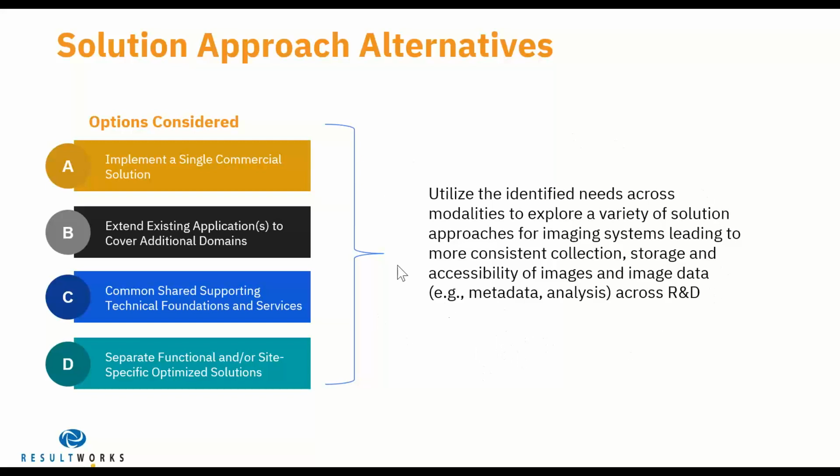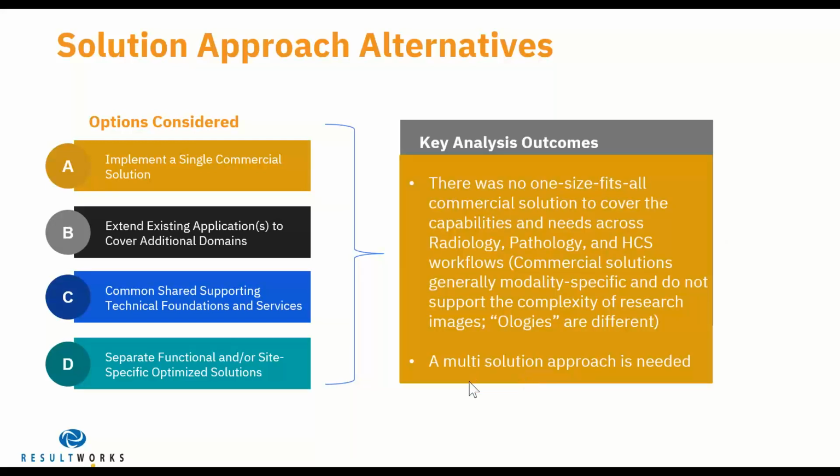At a minimum, we wanted to identify needs across the modalities that would lead to more consistent collection, storage, and accessibility of images and image data across R&D. So that was the bottom line need, going back to our original objective for what we were hoping to get out of the project.